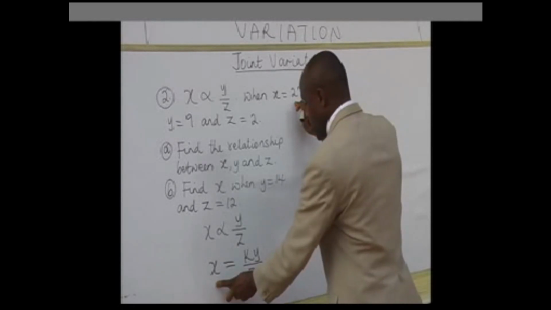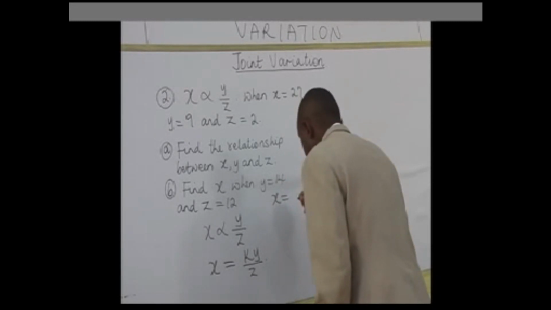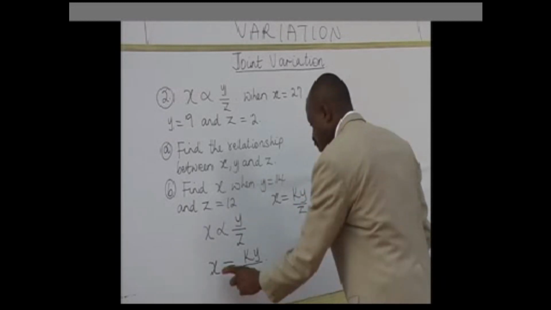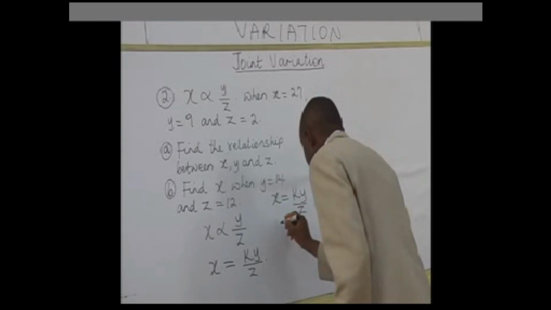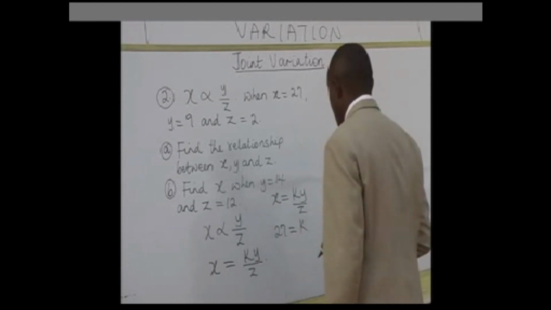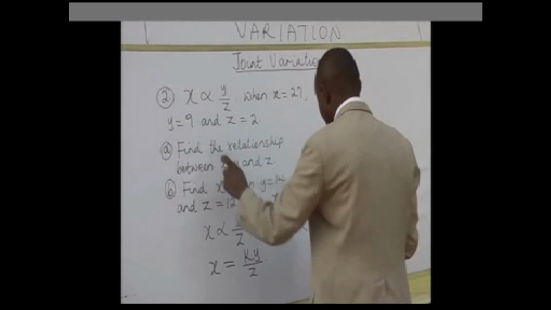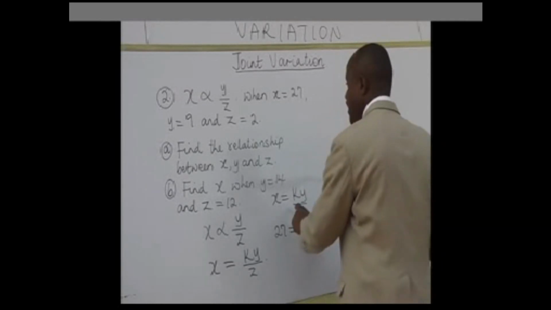Use 27 to substitute x. You have 27 is equal to our constant, which you are about to find now. They said that y is 9, times 9 divided by z. They said that z is 2.